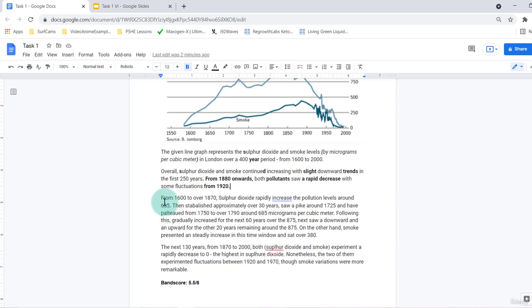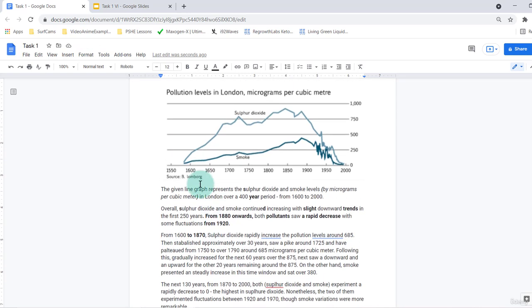Okay, let's move on. From 1600 to 1870, so a slight change there. Simple is good. Often students will add in vocabulary where it's not really needed. It's not a huge grammatical error, but simple is best. From 1600 to 1870, so we're going from here, missing a little bit of the data, but I'm not going to worry too much.